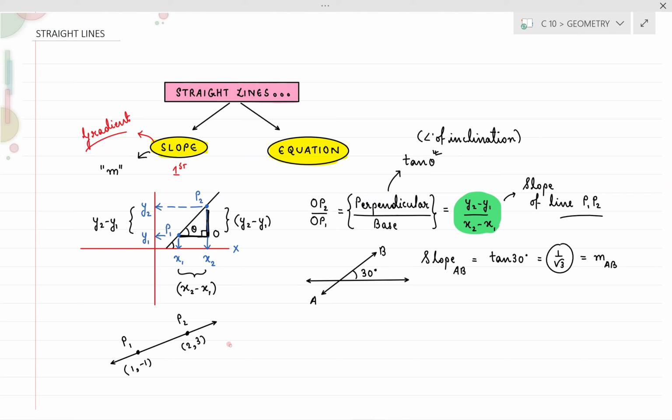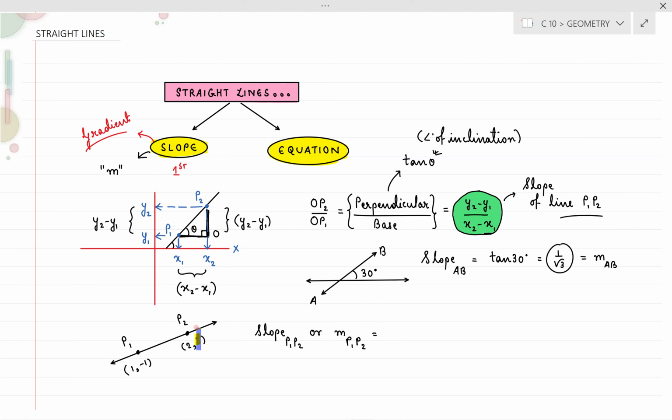So the slope of P1 P2, or we can say m of P1 P2, in this case we don't know the angle of inclination, so how to find out the slope? You will use this formula. As you can see here, the difference of y coordinates and the difference of x coordinates give you the slope.